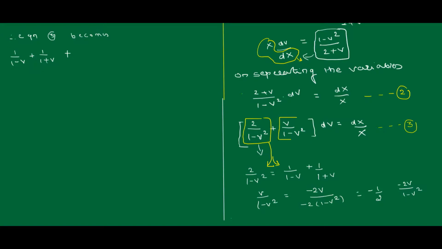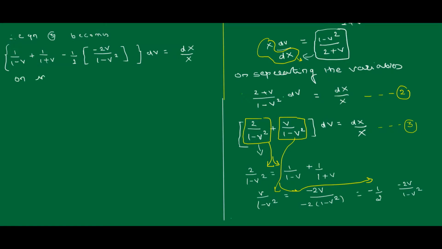This second term, v divided by 1 minus v square, we can also write it like this: minus 1 divided by 2 into bracket, minus 2v divided by 1 minus v square. Okay, then bracket complete, dv is equal to, right hand side we have dx divided by x.